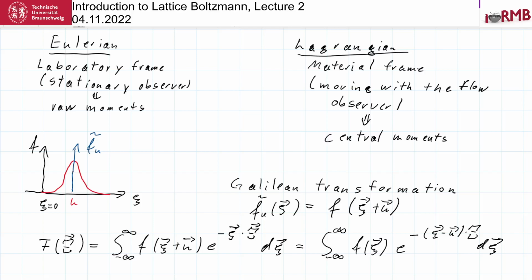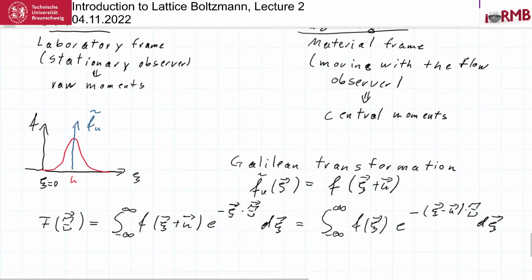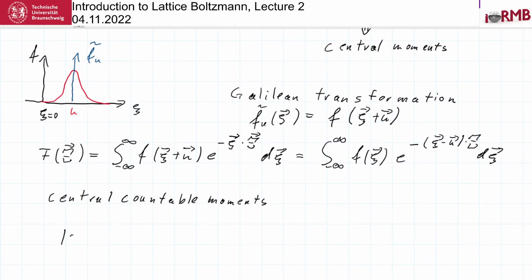If I now do the evaluation of this again for deriving moments, the way we simplified before, you get an equation for the central countable moments. It looks like this. I will usually write central moments with K. It's an old tradition, not everybody is doing this.